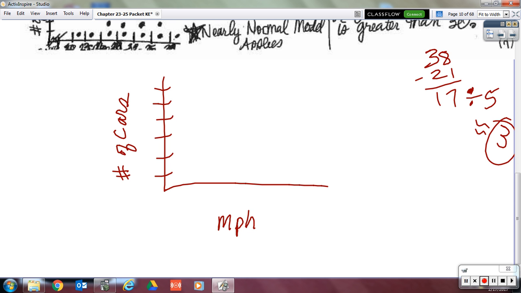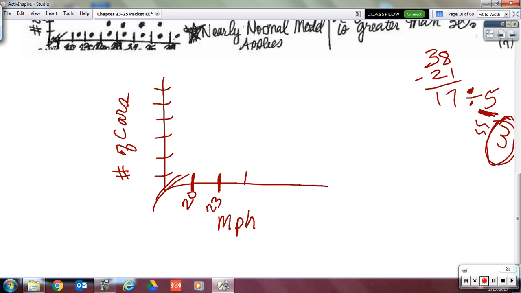Okay, so let me tell you how I did that again. High minus low. I divided by 5 because I want about 5 bins, and I make it something pretty normal. Now I'm going to put my railroad tracks, because I'm not starting at 0, I'm going to start at 20. This line is the number 20. The next line will be 23. So the line is the number value.